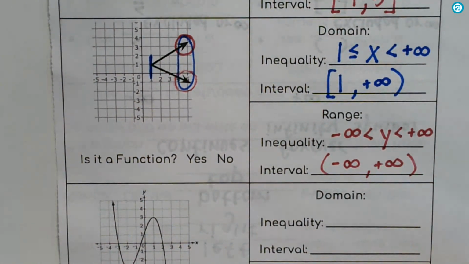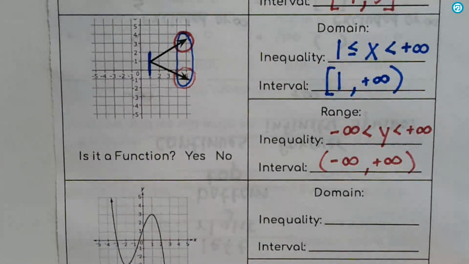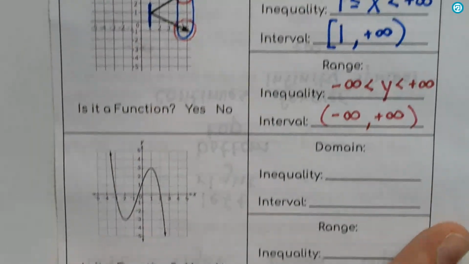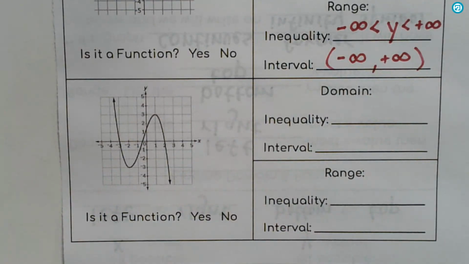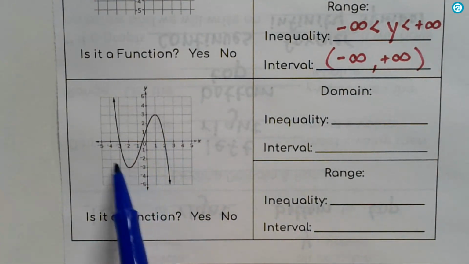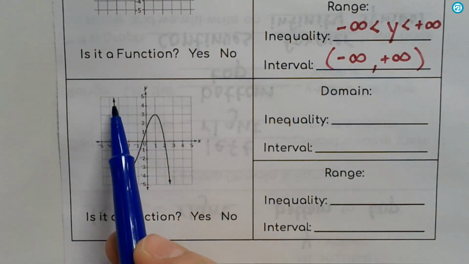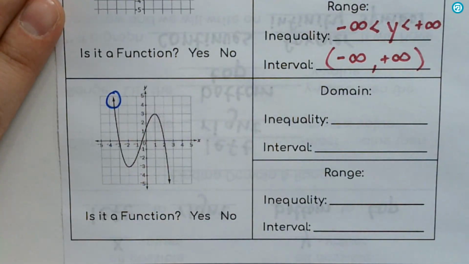All right, very last one. What is the furthest to the left thing on this graph? So follow the graph all the way to the left. What's at the end there? An arrow. What's the furthest to the right thing?